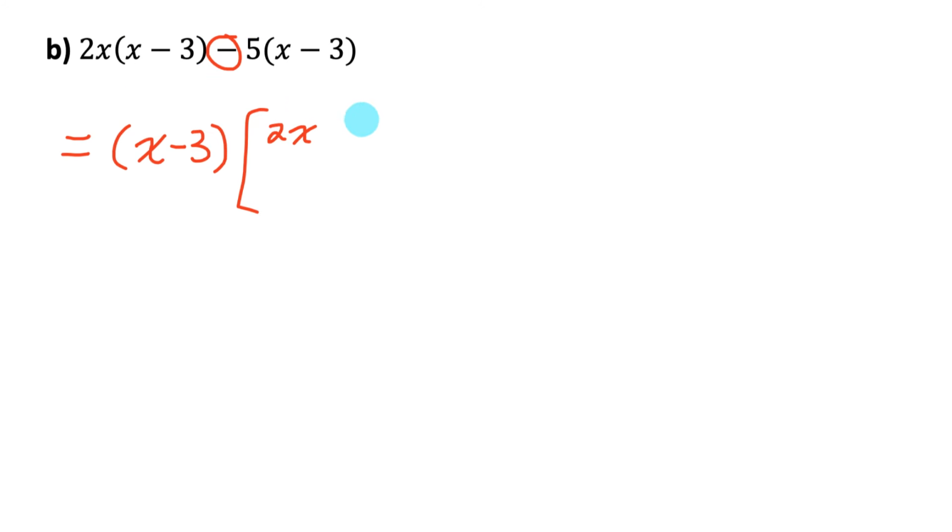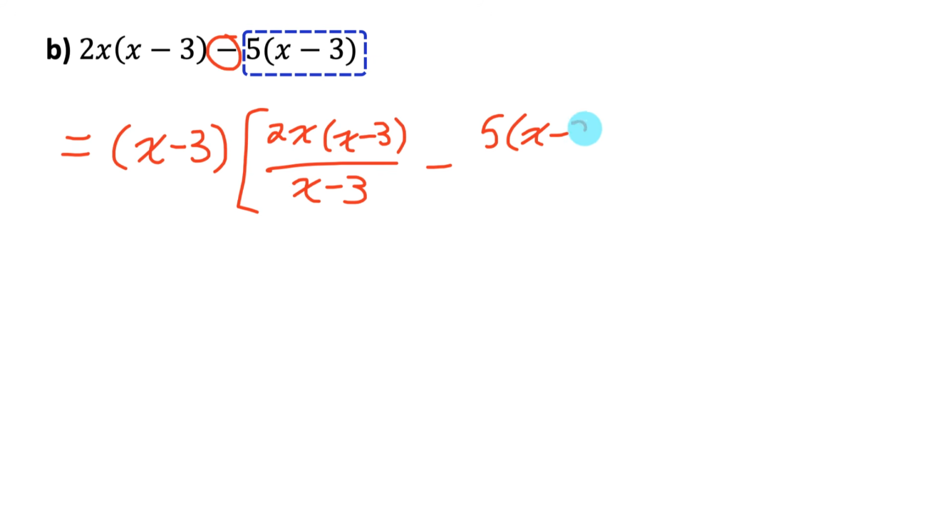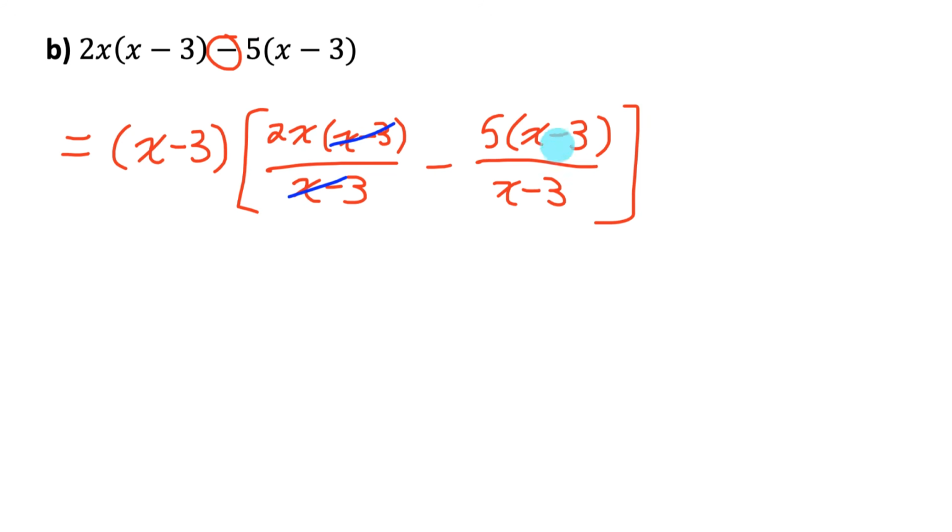I have to divide the 2x times x minus 3 by x minus 3. And I have to divide the 5 times x minus 3 by x minus 3. When I do that, the x minus 3's will cancel in each of the terms, and my factored form looks like x minus 3 times 2x minus 5.